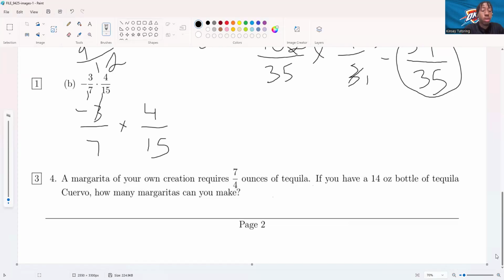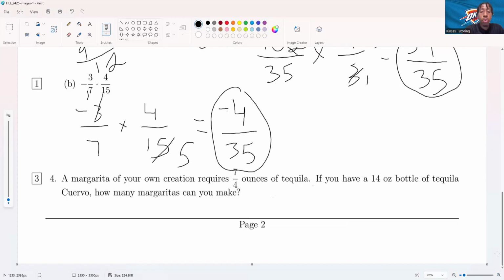So that's a 1, and then that's a 5, right? So easier multiplication. So negative 4 over 35. Sorry, answer. That was pretty quick. And that's for 1B.